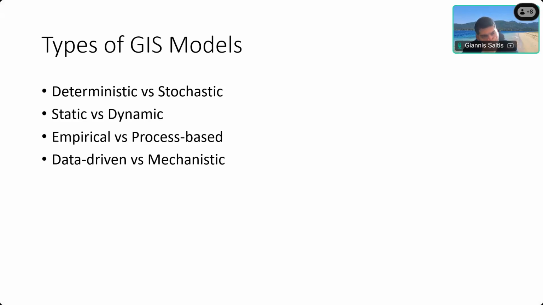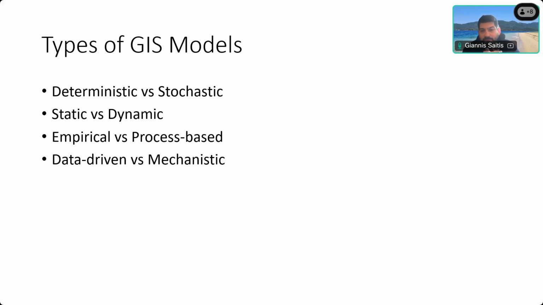Like the hydraulic models, which can also be a little bit correlated with the process-based, let's say. But still here, we put a little bit more engineering laws. So in the hydraulic models, you have specific equations giving how the water will flow in the soil. So you give these kinds of equations in your model.